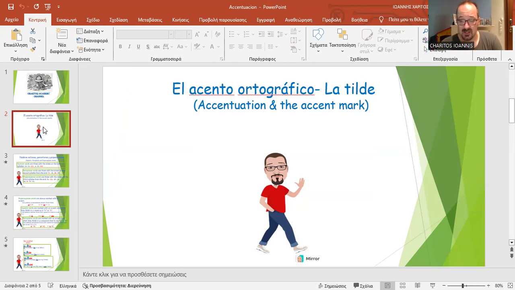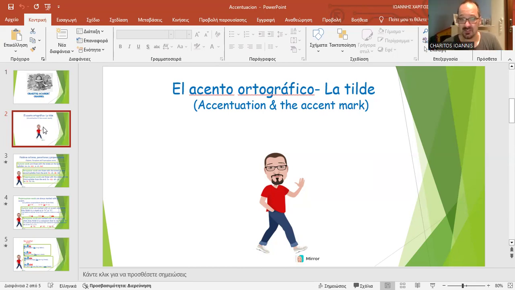For instance, the word beautiful in English is stressed on the second syllable before the end. So it's beautiful. It's not stressed like beautiful or beautiful. So in English, there is only phonetic accentuation, which means that we only stress the syllable phonetically. We don't write the accent mark.